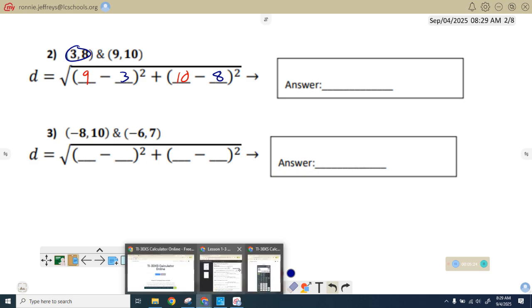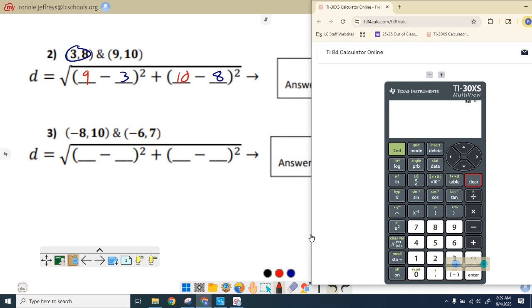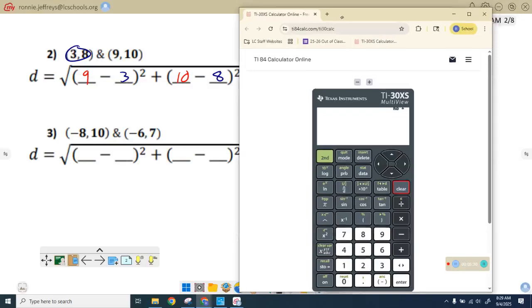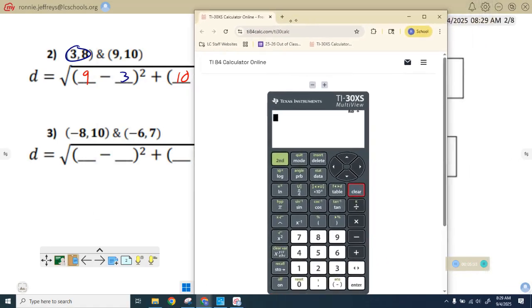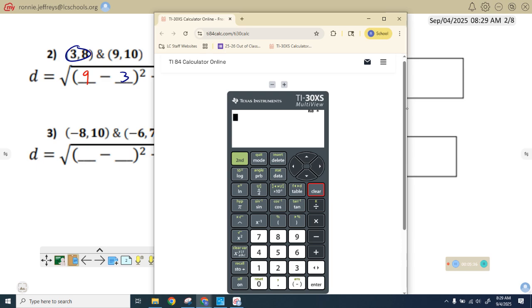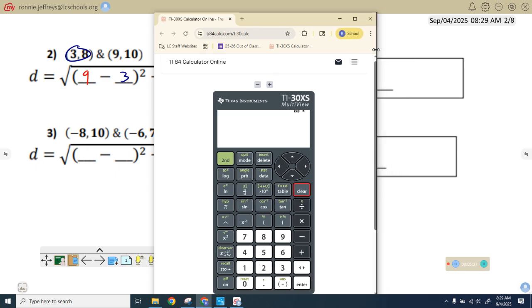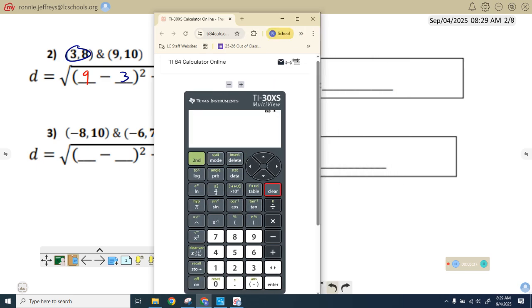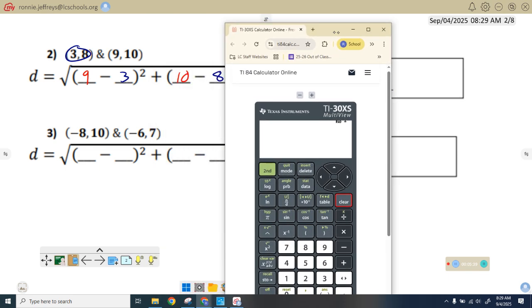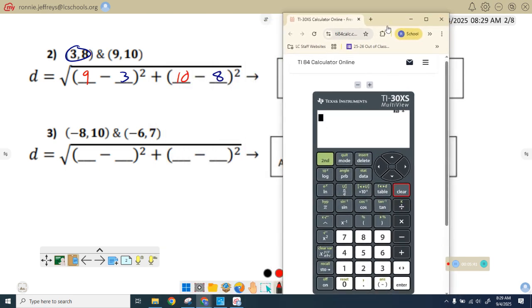So, okay. Almost got it. It's like trying to defuse a bomb. You just easy. Oh, too much. There we go. All right. So second, square root, parenthesis, 9 minus 3, close it, square it, plus 10 minus 8, close it, square it.